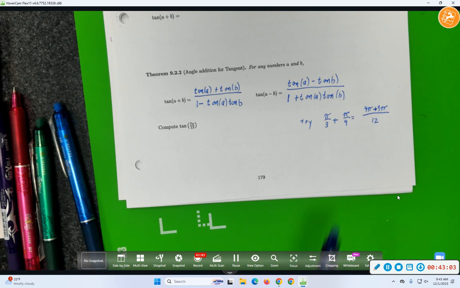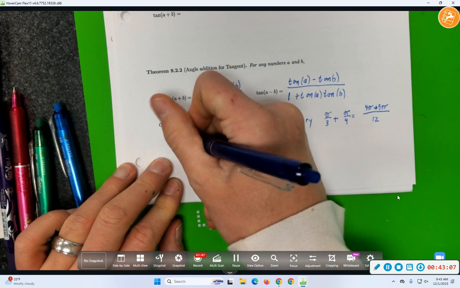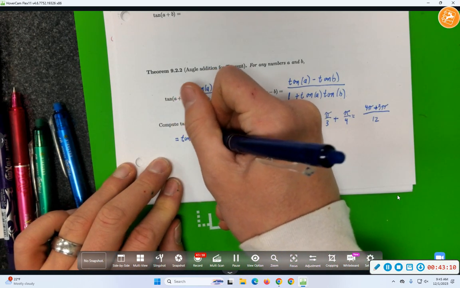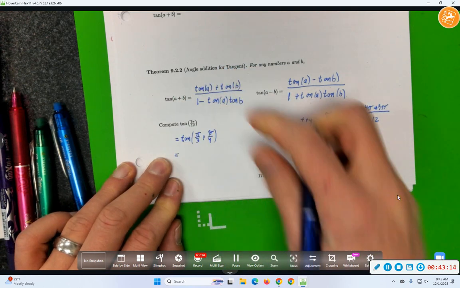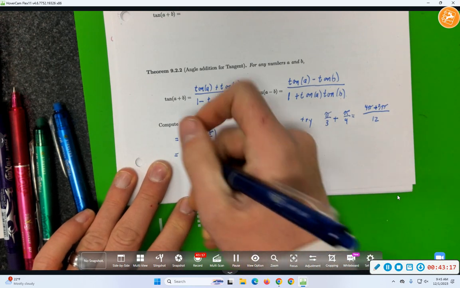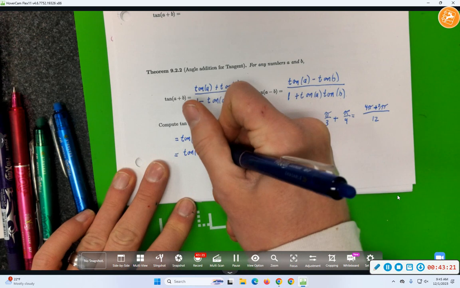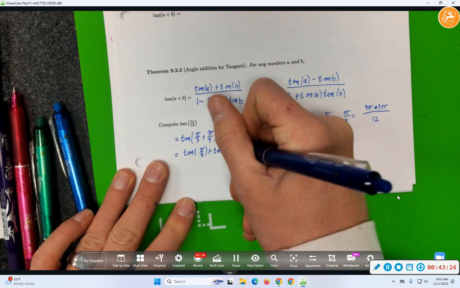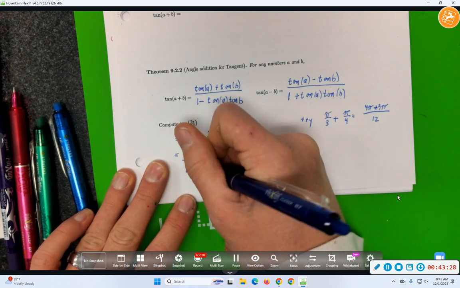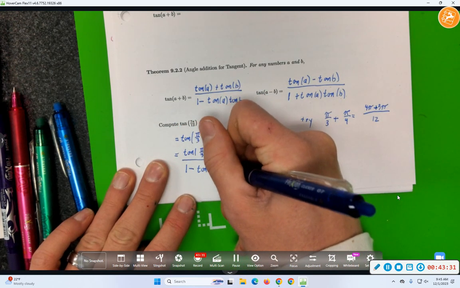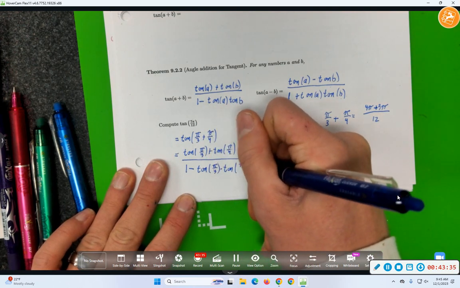So let's use that. Tangent of 7 pi over 12 is equal to the tangent of pi over 3 plus pi over 4, equals, now I can use this formula: tangent of pi over 3 plus tangent of pi over 4, all over 1 minus tangent of pi over 3 multiplied by tangent of pi over 4.